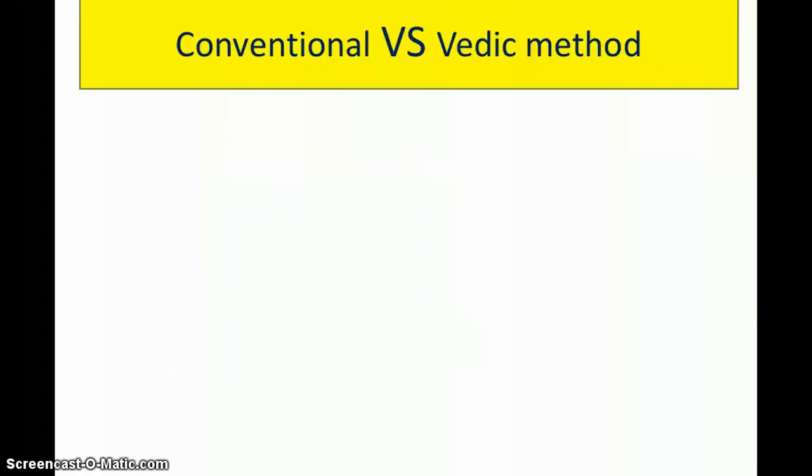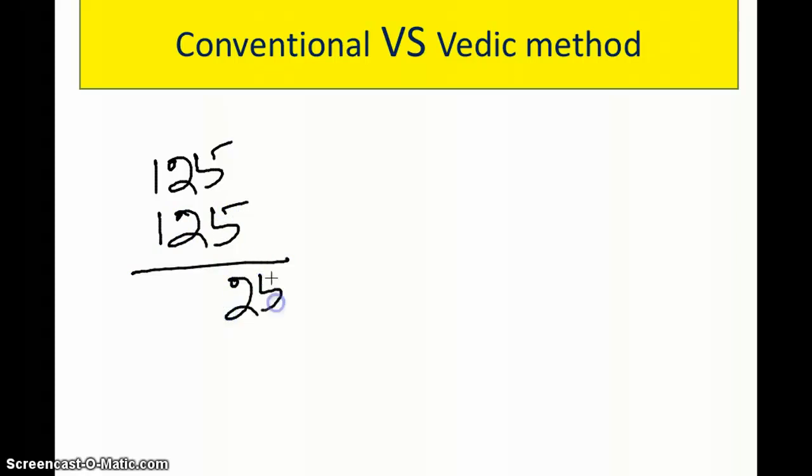Let's expand it to bigger numbers. Bigger numbers might be a little difficult. We may not just write the answer because we have to do some multiplication. Let's say I want 125 square. So 125 square means actually 125 into 125. I can put 25 here, but I need to multiply 12 and 13.